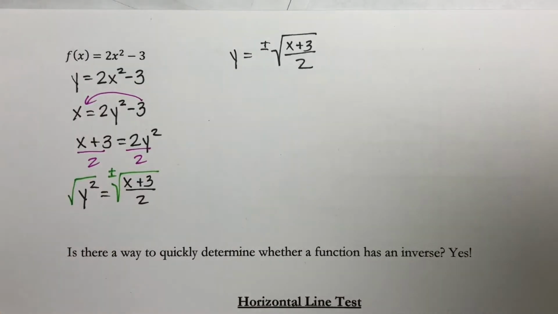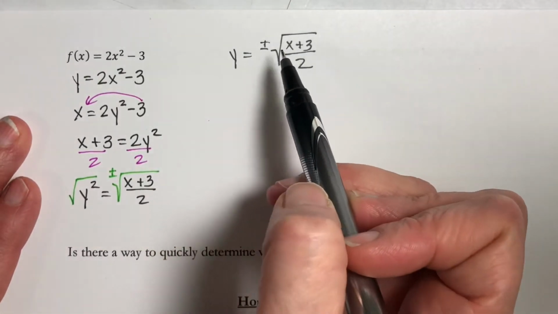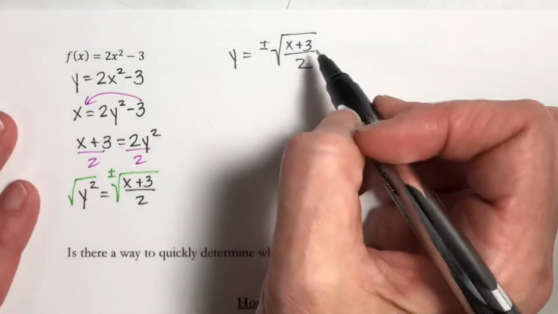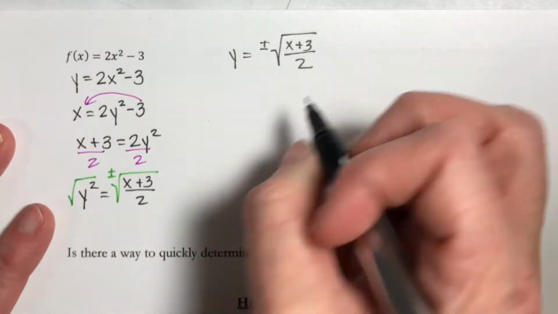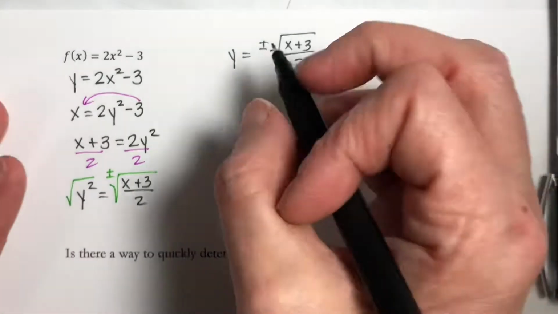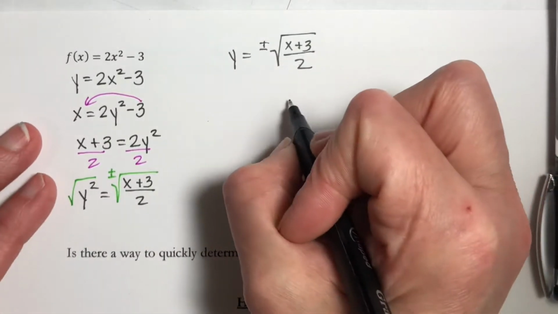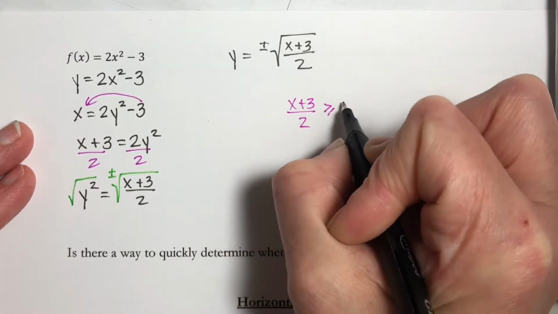And so we can't have plus or minus here, so we're going to have to restrict the domain. And I'm not allowed to take the square root of a negative number either. So when I go to talk about restricting this domain so that I have a function, I have to worry about x plus 3 over 2 being greater than or equal to 0.